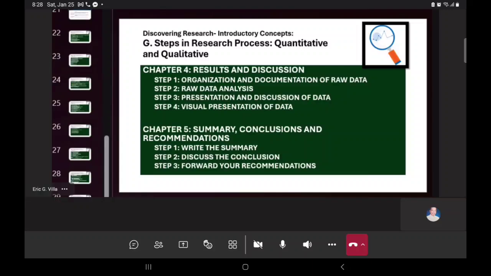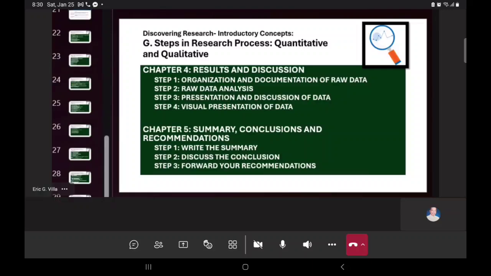Recommendations for qualitative research typically address practical application in a specific context, and also address suggestions for deeper understanding and future research directions, implementation considerations, and finally, knowledge transfer strategies.